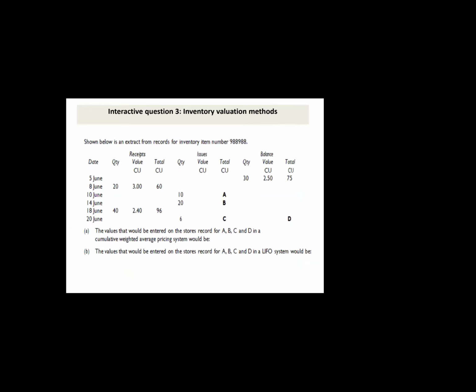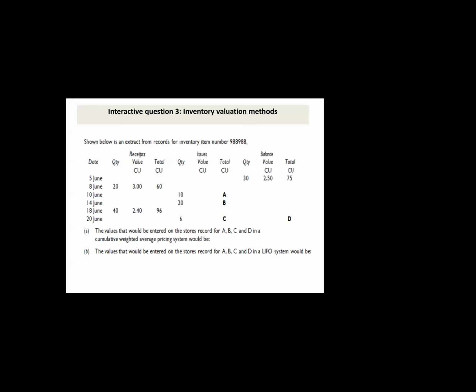The values that would be entered on the store record A, B, C, D under the LIFO method. So if we use the LIFO method, the value of A would be 30, as the latest received is 8 June, 20 units at the rate of 3.